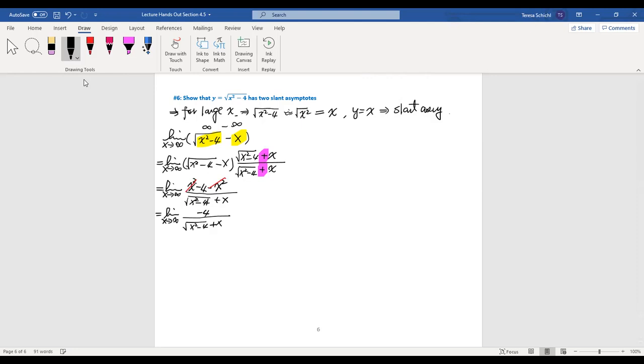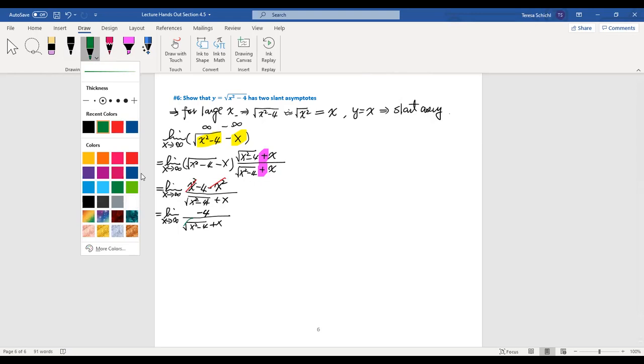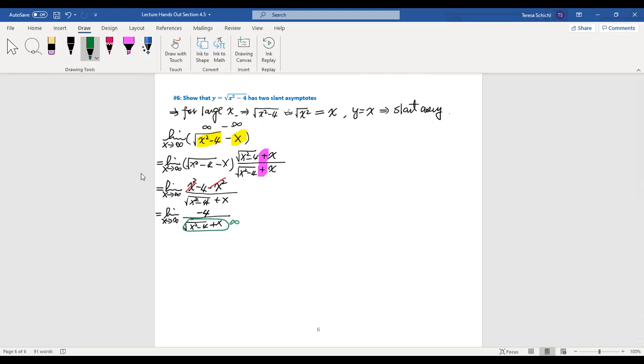The bottom approaches infinity, so 4 over infinity is 0. That's why we know y equals x is one of the slant asymptotes.